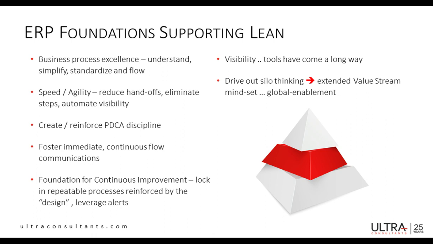Speed and agility: Lean packages have an opportunity to enable speed and agility by reducing handoffs and providing visibility when processes go haywire. That's a key. Creating and reinforcing what we call PDCA discipline, plan, do, check, act discipline.